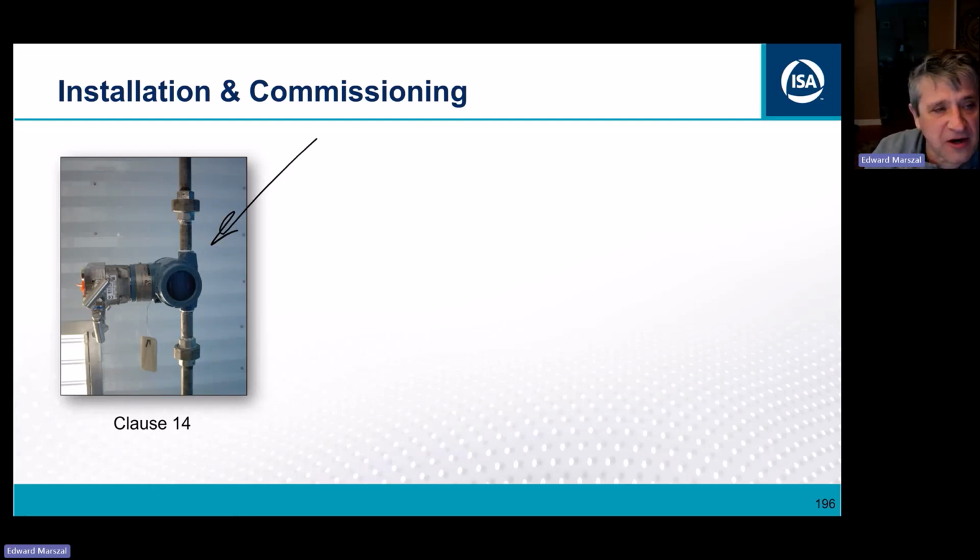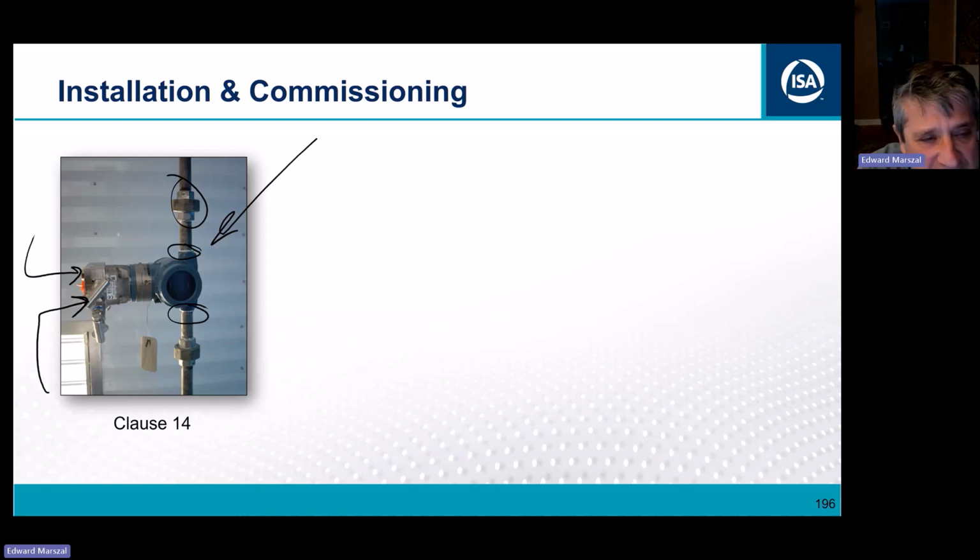But for those of you that are in the know, the chemical process is supposed to go in here in the manifold. And these connections are not for the process. Those connections are for the electrical wiring. So your electrical conduits. So if you pipe your flow through the electronics of your transmitter, not going to work so well.